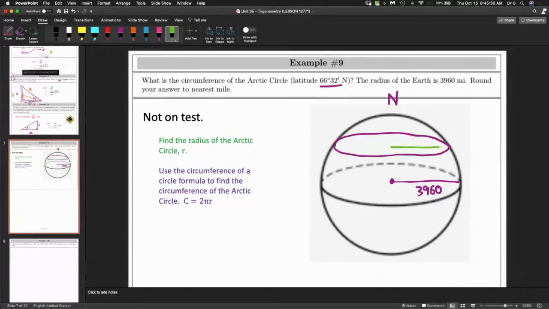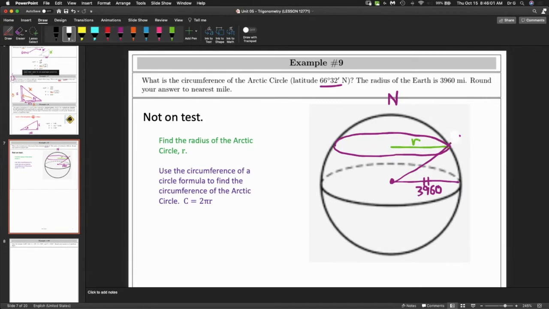Okay, that's r. Remember what I said, that the radius of the Earth is 3960? So I'm going to tick it off like that. And then I'm going to also draw a radius here, because anything that emanates from the center of the Earth and touches the boundary on the sphere, that is considered a radius.